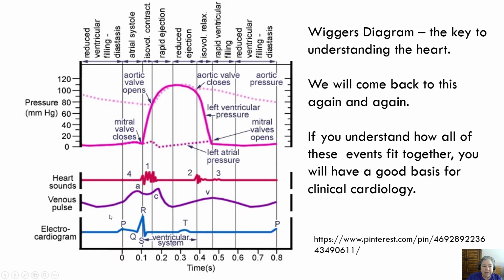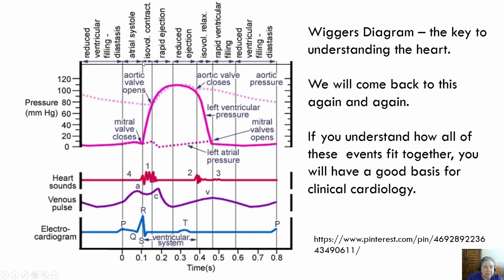These periods of time, different things are happening. Okay. So during the period where the P wave causes atrial depolarization and atrial contraction, we have something called atrial systole. When the mitral valve closes, that's the end of atrial systole and the beginning of ventricular systole.